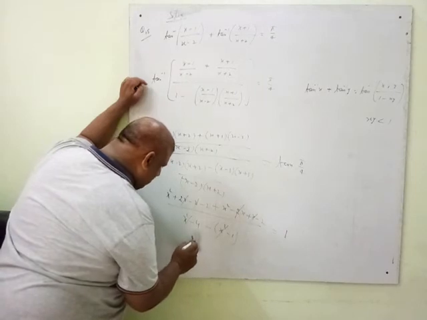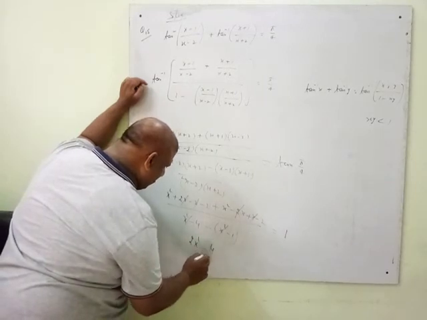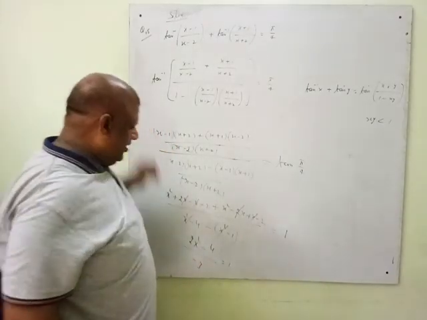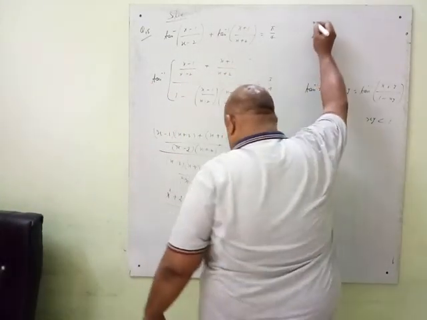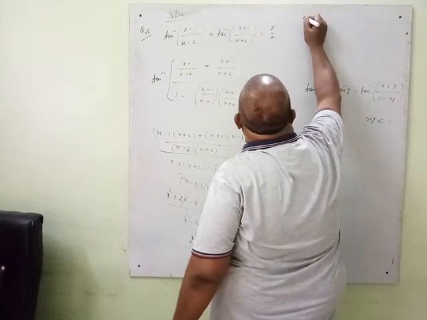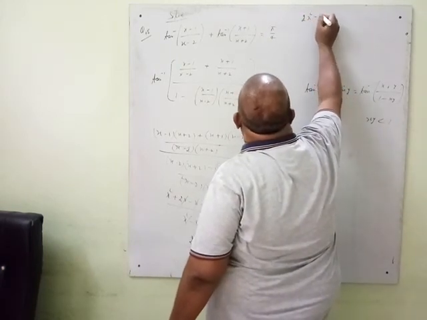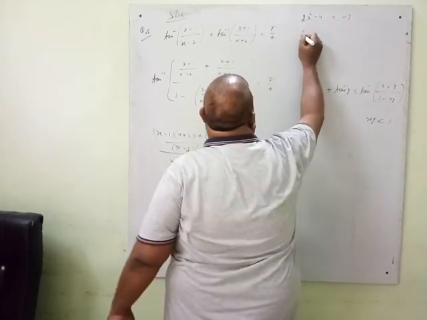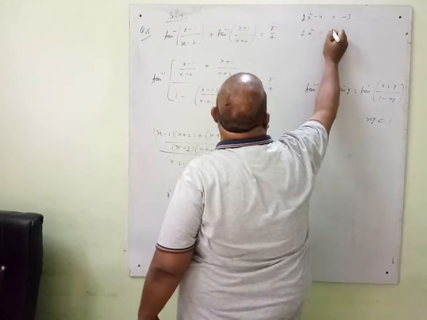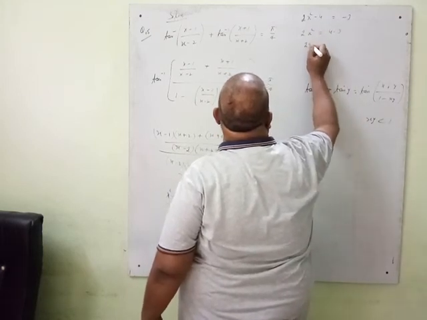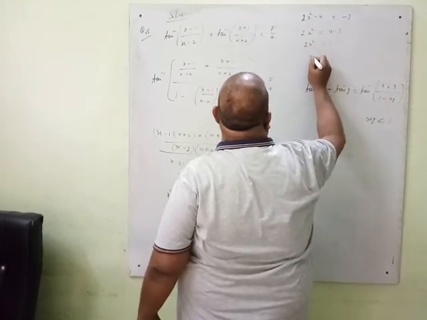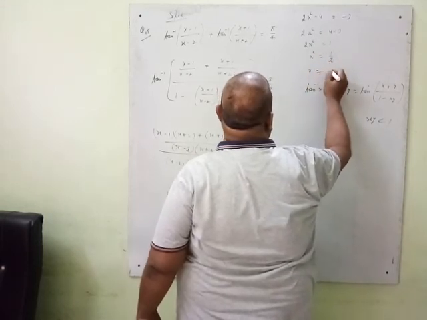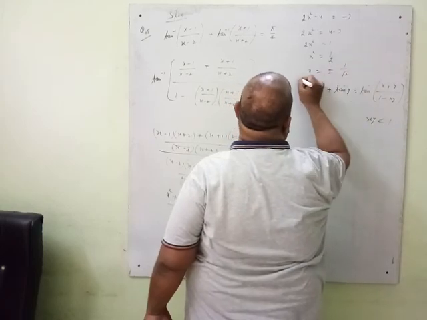We get 2x square minus 4 upon minus 3 is equal to 1. This is 2x square minus 4 is equal to minus 3. 2x square is equal to 4 minus 3. 2x square is equal to 1. x square is 1 by 2, and x is plus minus 1 by root 2.